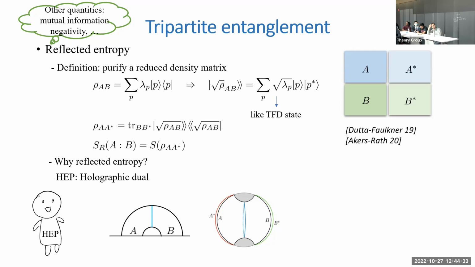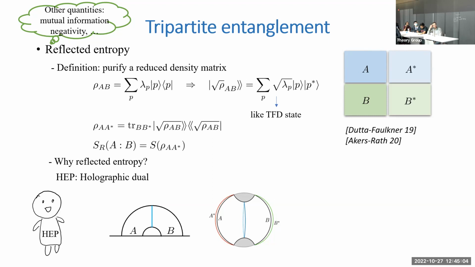Here the definition is that we take that state and we trace out B and B star, and with that we have a new reduced density matrix supported on A and A star. Finally, we use that to compute the usual von Neumann entanglement entropy. So that is the basic definition of the reflected entropy.